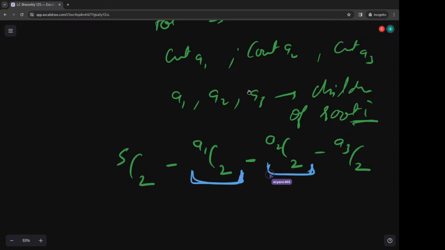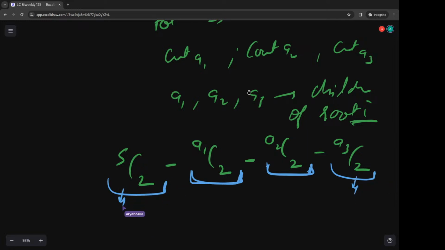This denotes the case when both were picked from the second child. This denotes both were picked from the third child. And this denotes the total number of ways to pick all the nodes.